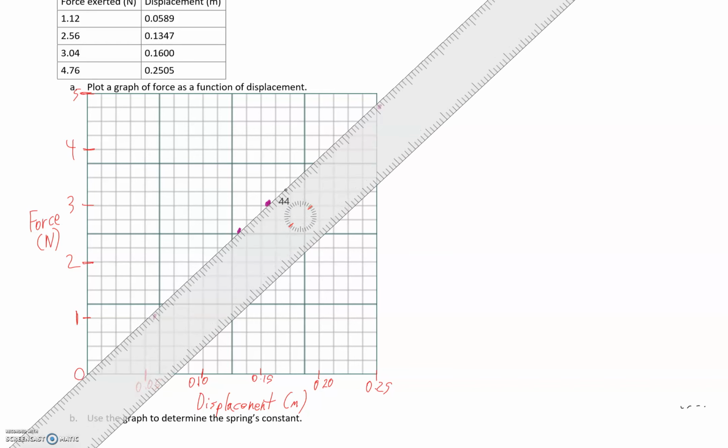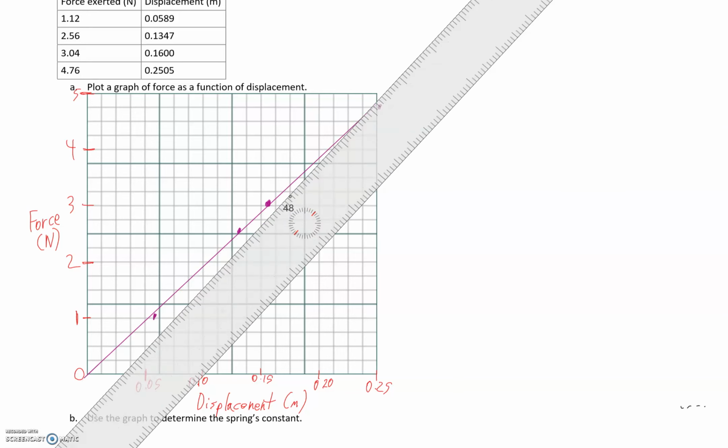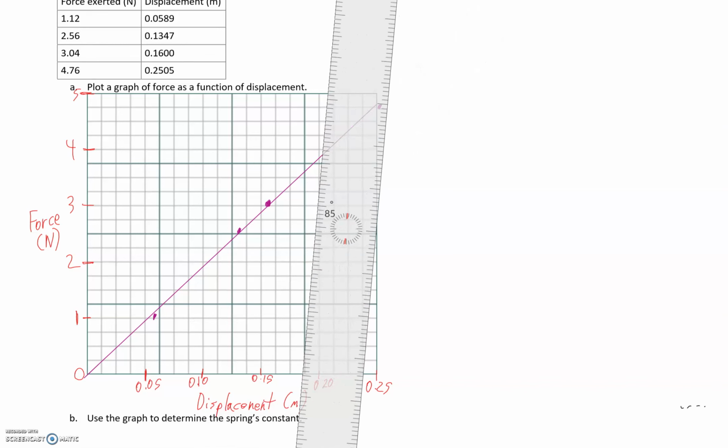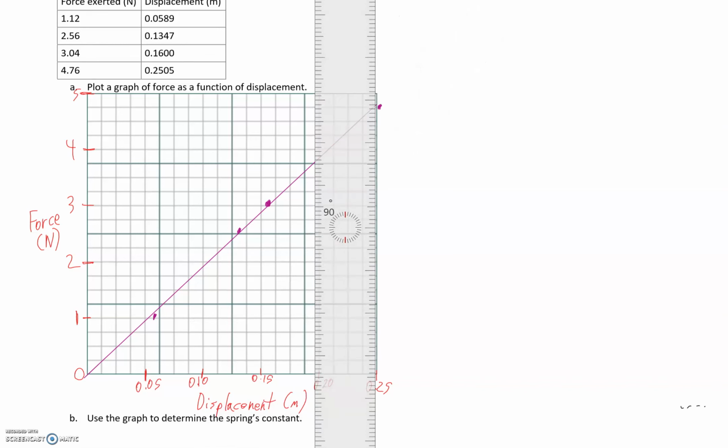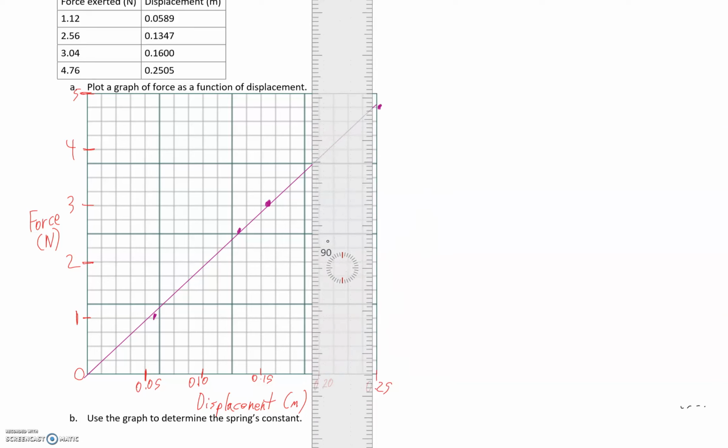I'm gonna say probably somewhere around here is a good average. Okay, you shouldn't necessarily have to hit any points, but you're going to get close to some points and further away from others. So you're going to then try to see if there's any points that obviously line up.